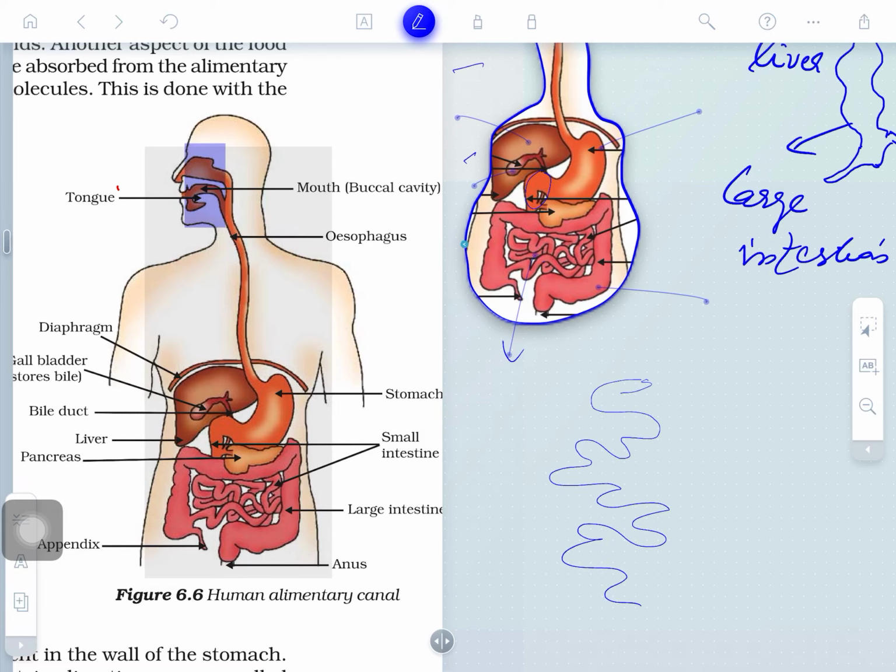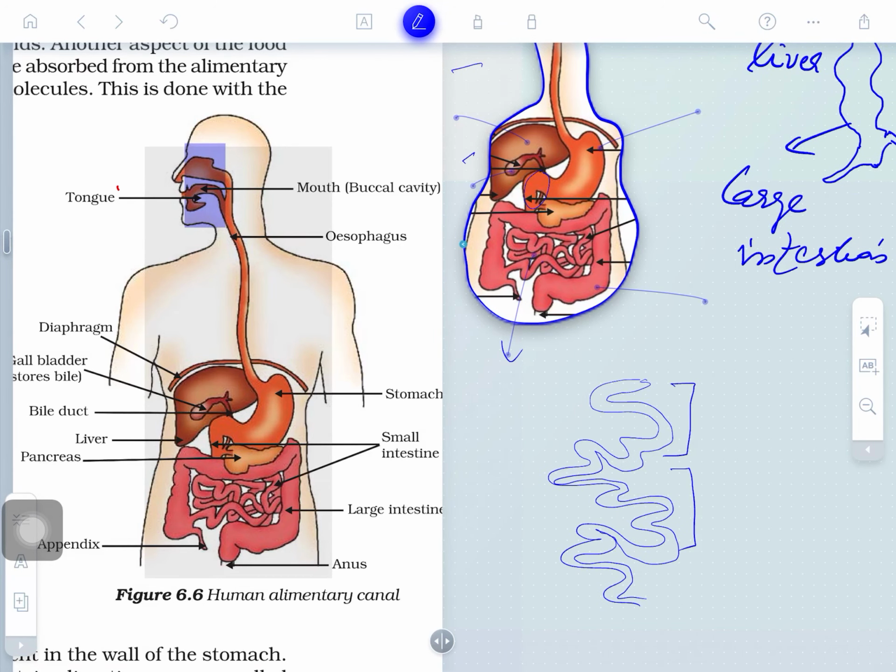The small intestine is divided into three. This is a highly coiled structure inside the body. The digestion is there. Okay, so it can be divided into three portions. The first portion is called the duodenum, and the second portion is called the jejunum, and the third is called the ileum.